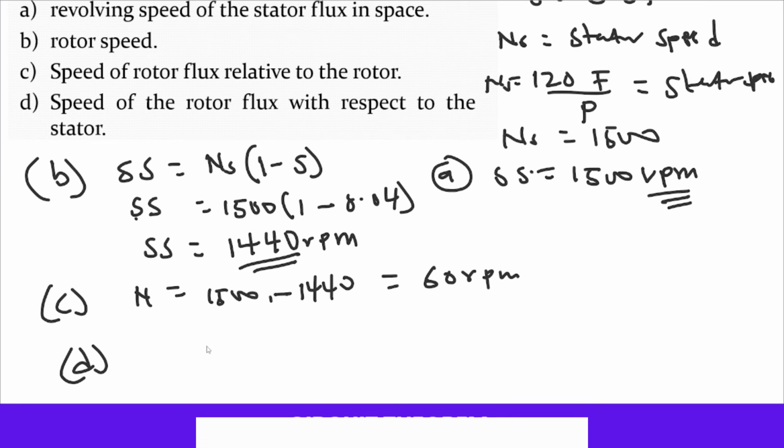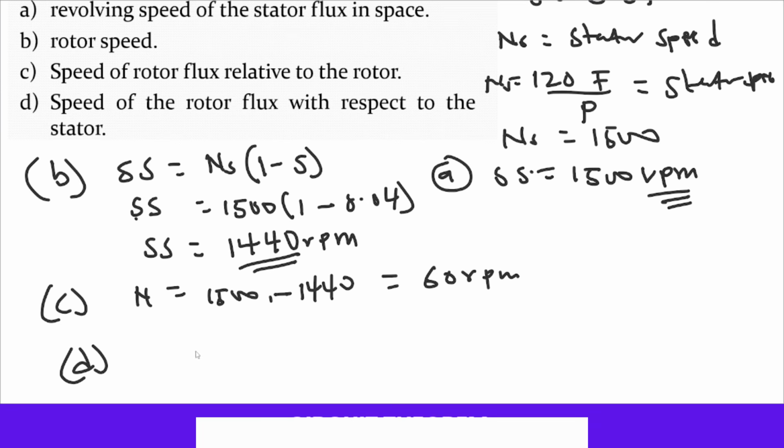Let's look at the d aspect of the question. The question states: what is the speed of the rotor flux with respect to the stator? It means that at this point the observer is standing where the stator is located. There are many ways you can analyze this question. Since the person is standing at the stator location, we know that the speed of the stator is zero, meaning we are looking at a standstill.